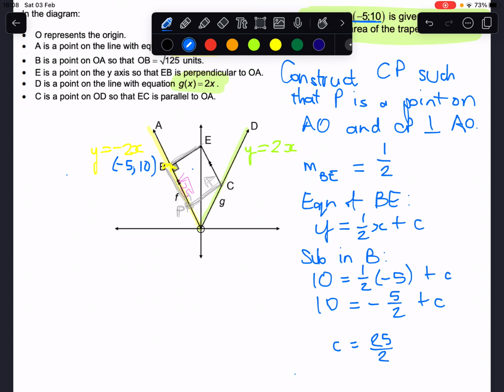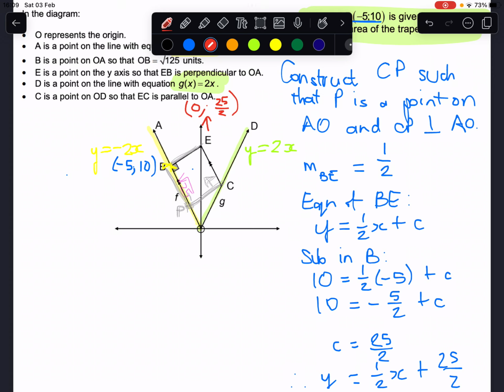So the equation of BE is y = 1/2 x + 25/2, and the c tells us the y-intercept of the line. So the coordinates of E are x is 0 and y is 25/2, or 12.5.